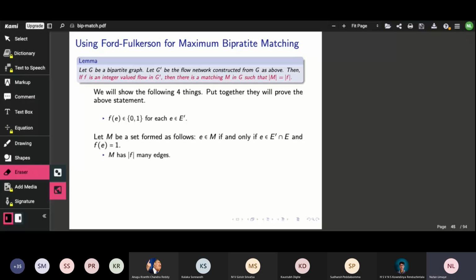It's defined as follows. Let E be an edge. E is put in the set M if and only if the edge belongs to E prime as well as E, and it has a flow of value 1 in it.